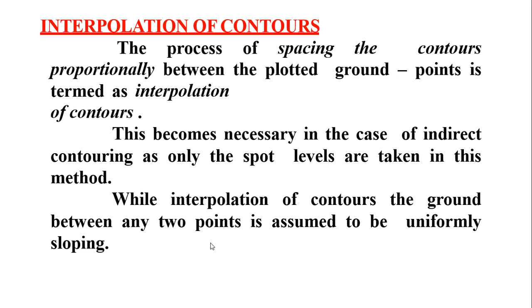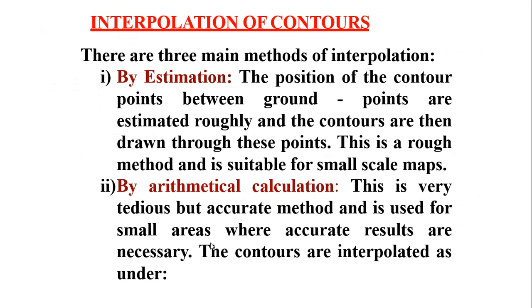This becomes necessary in indirect contouring, as only the spot levels are taken, because you are not supposed to determine the elevation of each and every point. You only take the elevations of the spot points. While interpolating contours, the ground between any two points is assumed to be uniformly sloping.